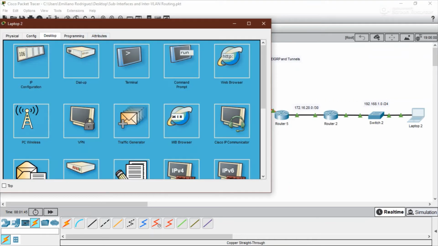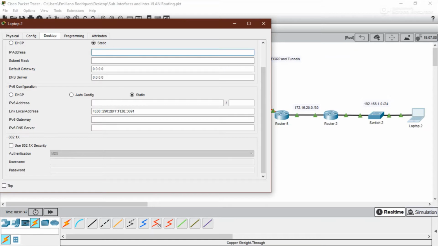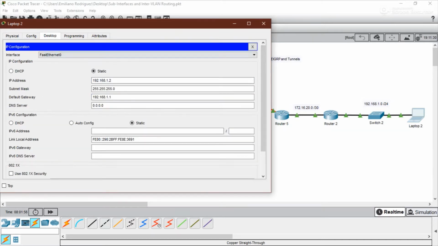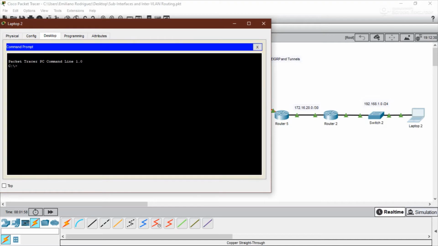And the laptop will be 192.168.1.2/24. Gateway is 192.168.1.1. And it should be able to ping the router.